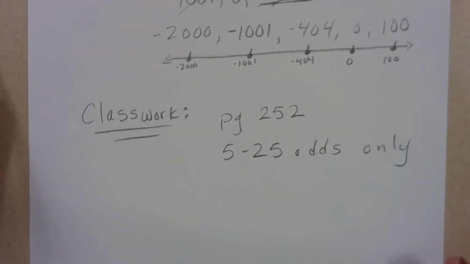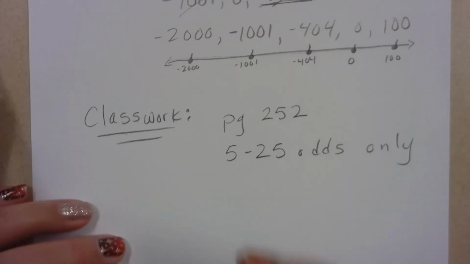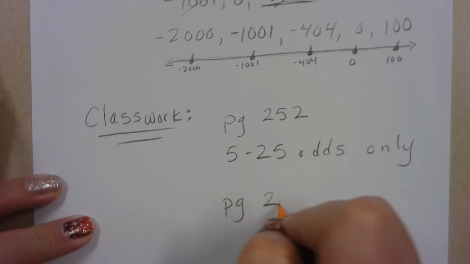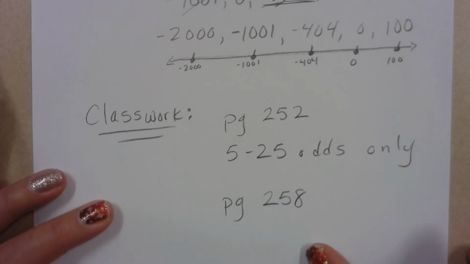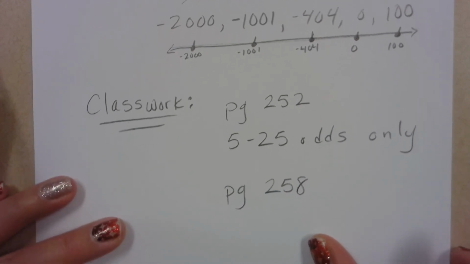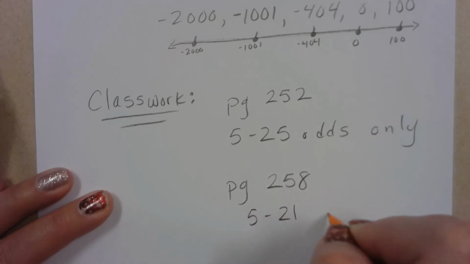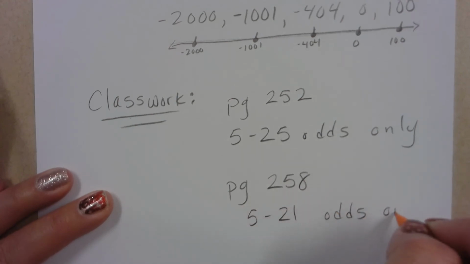And then you're also going to jump to section 6.2, page 258, and I would like you to do 5 through 21 odds only.